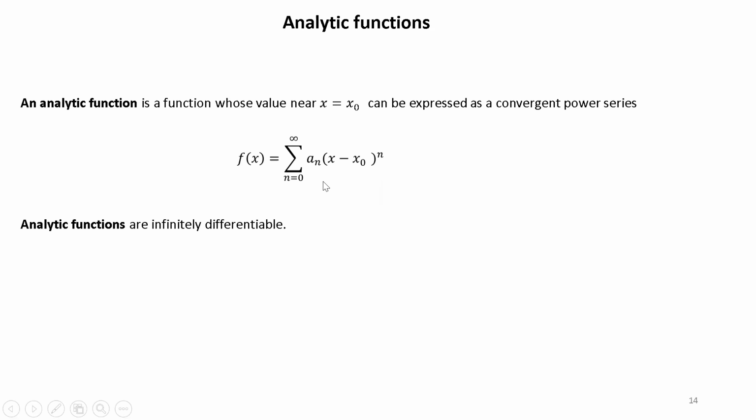And analytic functions are infinitely differentiable, which means you can always find the derivative of this function, no matter how many times you have already differentiated. This can be understood by looking at the right hand side: differentiating term by term, you can always keep differentiating because there are infinitely many terms.